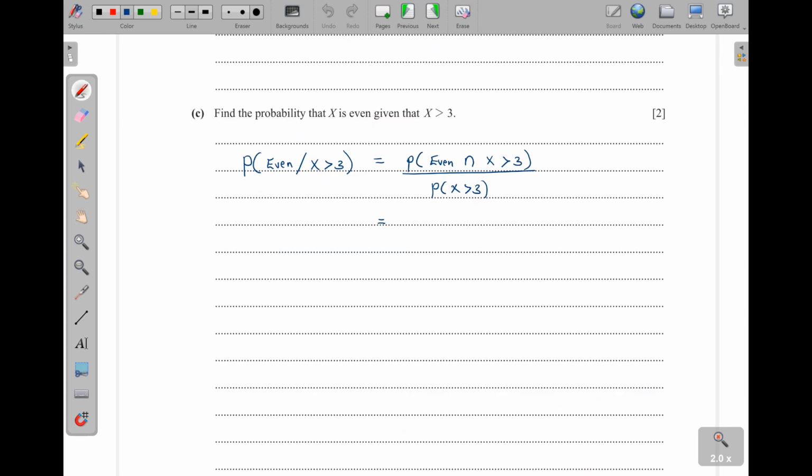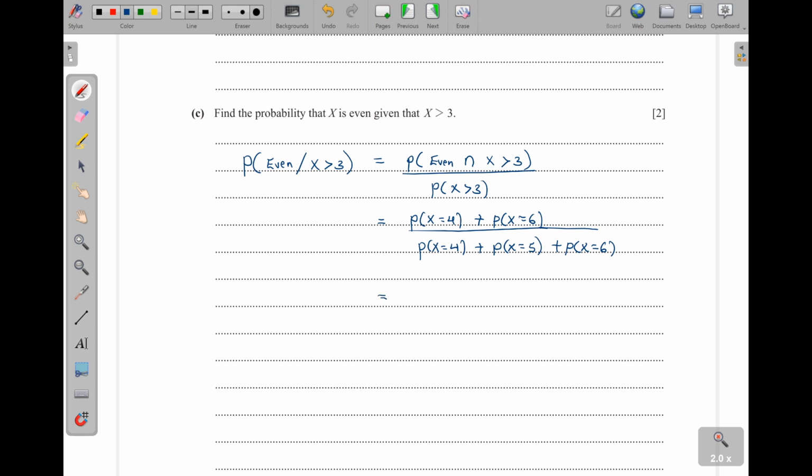We shall have here probability of X is equal to 4, then plus probability of X is equal to 6. Then I'll divide by those that are greater than 3. We have X is equal to 4, X is equal to 5, and X is equal to 6.